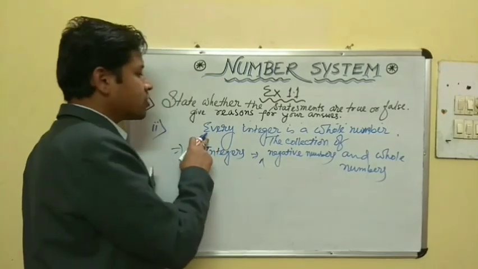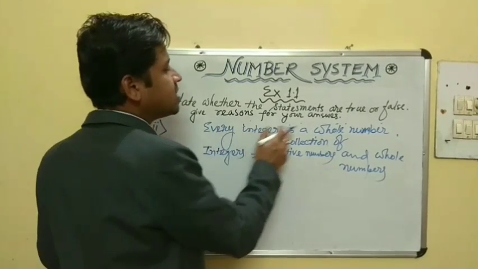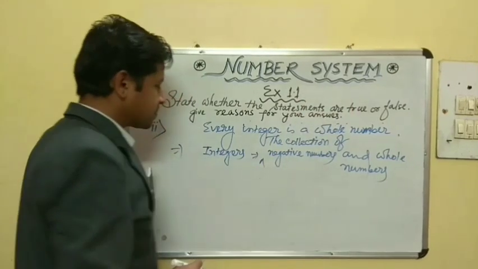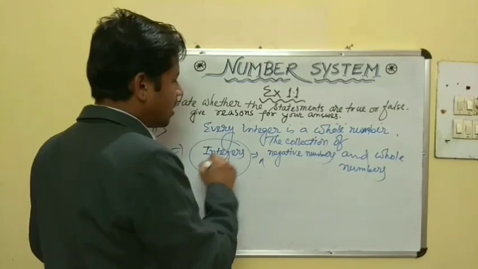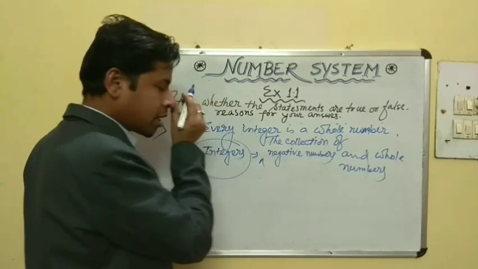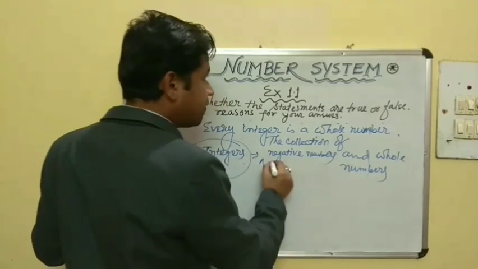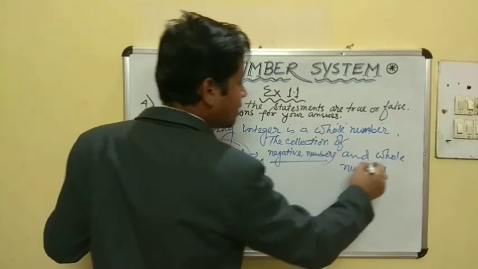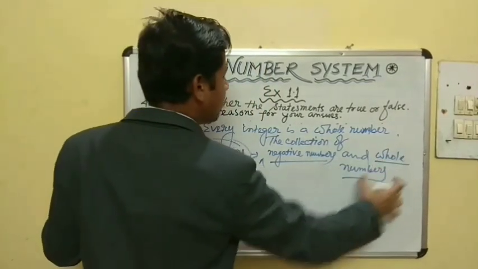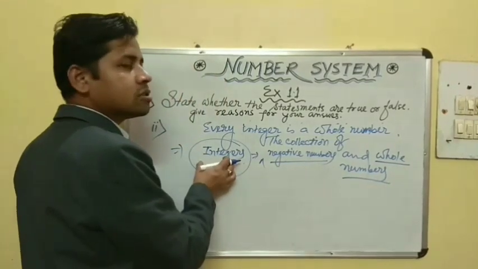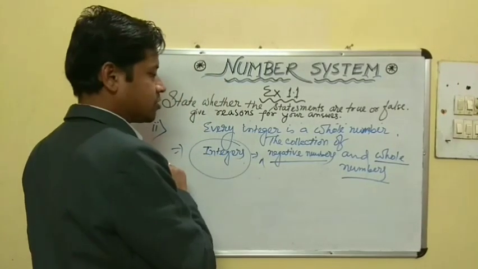Here the statement is saying that every integer is a whole number. See here, integers are the combination or collection of negative numbers as well as whole numbers. Negative numbers plus whole numbers mixed together are integers.